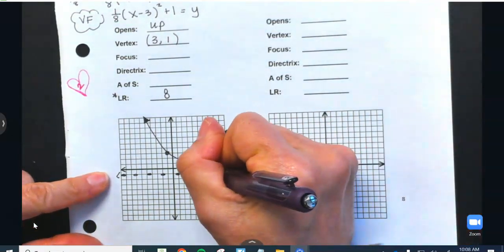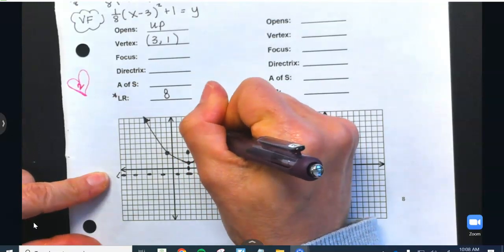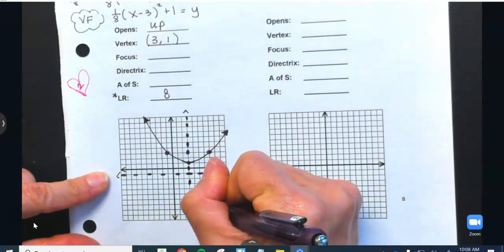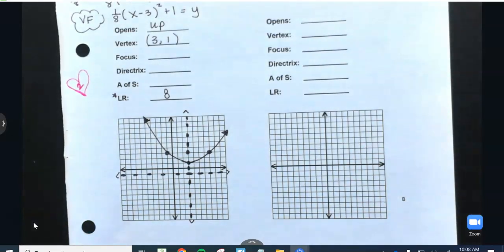I also need to see your axis of symmetry. Remember, your axis of symmetry cuts through the vertex and the focus. You got to have arrows at the end of your directrix and your axis. And it can't look like an absolute value graph. It has to be curved at the vertex.